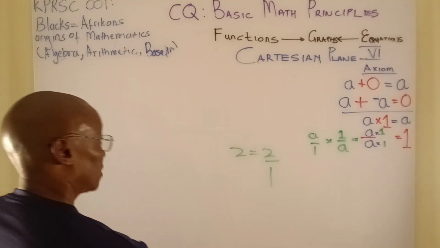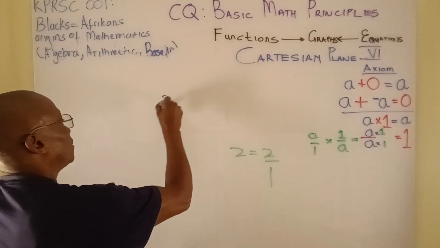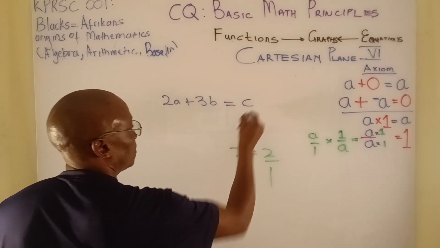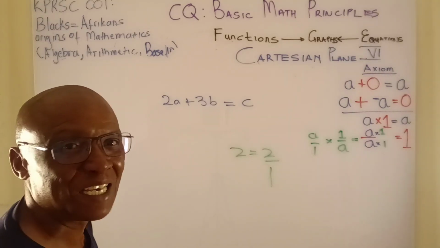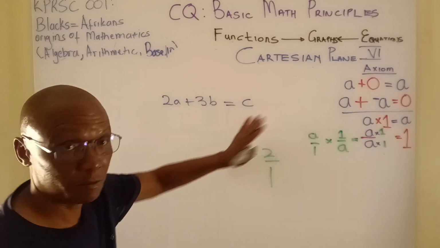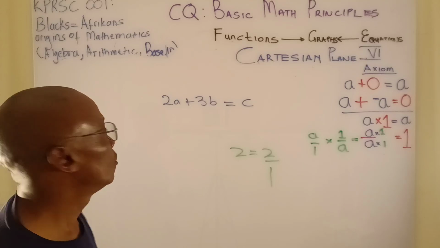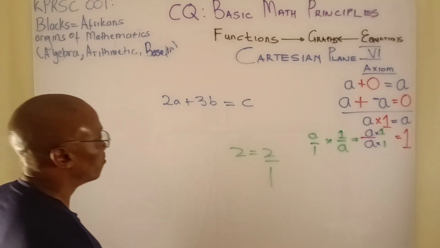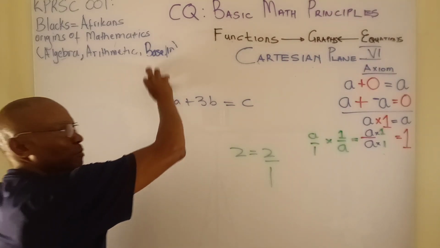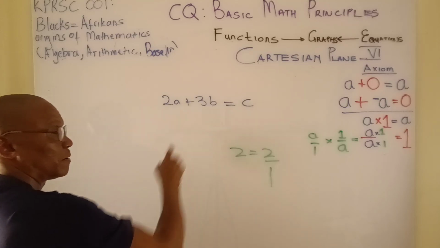Let's do a couple of exercises. 2a plus 3b is equal to c. And I ask you to solve for b, meaning I only want to see b here. It can be here, but it must be standing alone. You say, I don't know how to solve for b, but I do know that I don't like this guy here. He must be on the other side, because I want b here.